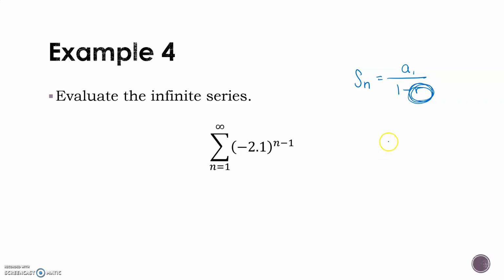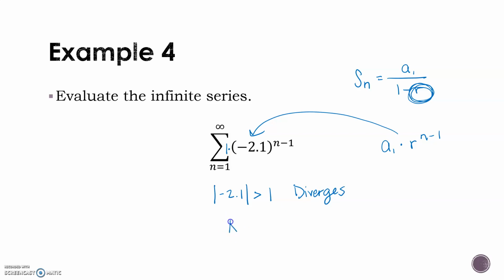You might remember that the formula for a geometric sequence is a sub 1 times r to the n minus 1, and that's what's going to go right here. Now there's no number in front of this, but it's like having 1 times that. So I'd be saying that the first term is 1, but my ratio is negative 2.1. If I check that and take the absolute value of that, that's greater than 1. So therefore, this diverges, and we would say, nope, nice try, but there's no sum. Can't do that. And this would be your answer.